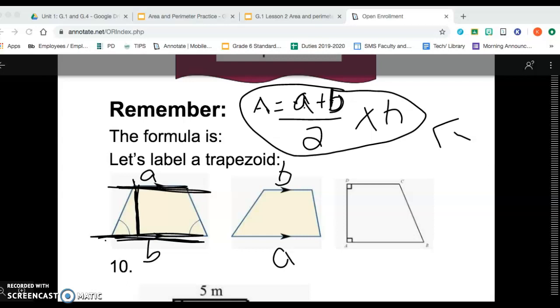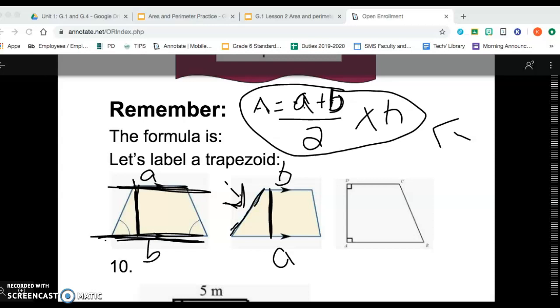Again, the height isn't labeled on this one, but if it was labeled, it'd be a straight line, just like that. The side over here, we don't consider that the height because it's slanted. The height has to be straight up and down.